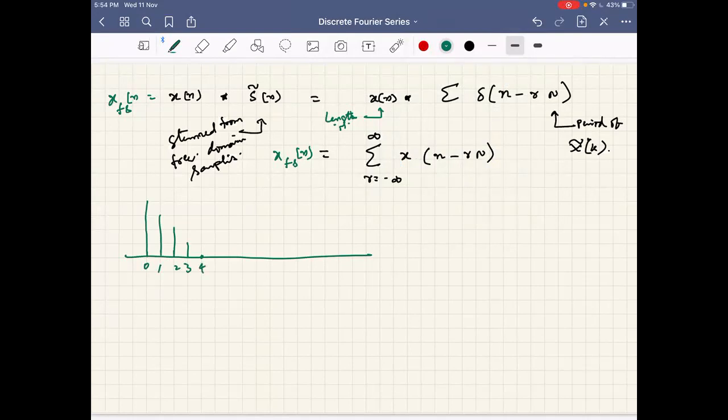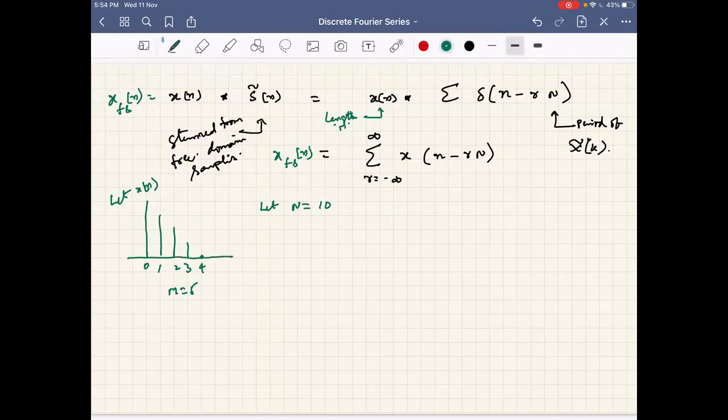The length of the sequence M is equal to 5. And let x tilde of n have a period N equal to 10.